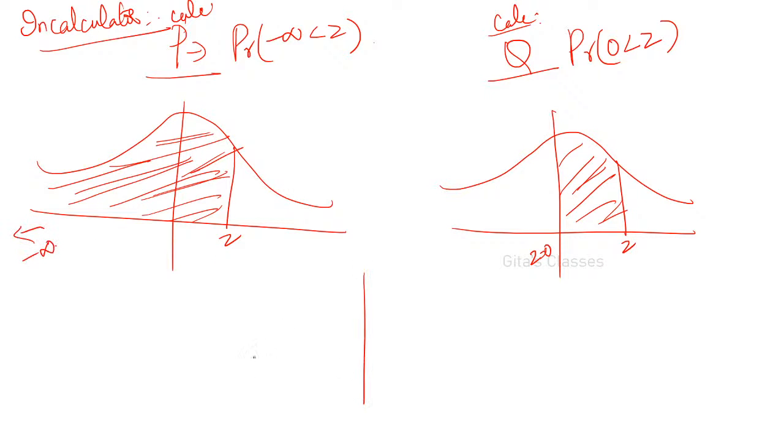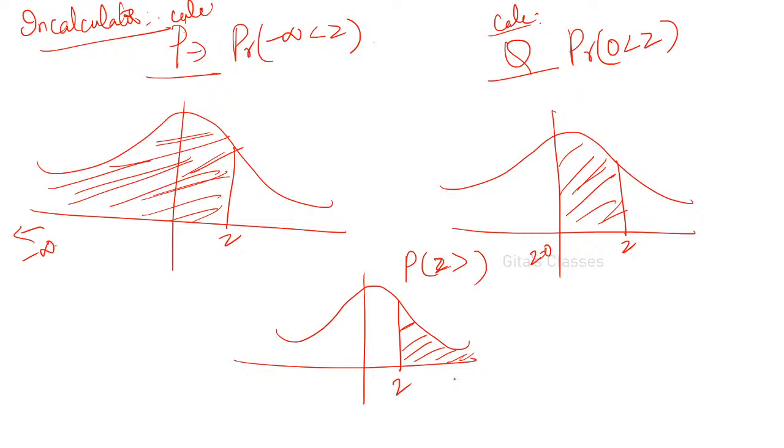R means this side, that is the probability that Z is greater than some value up to infinity, Z to plus infinity. Please remember this shaded portion. Whatever you are using, the required region should be expressed in terms of this area.